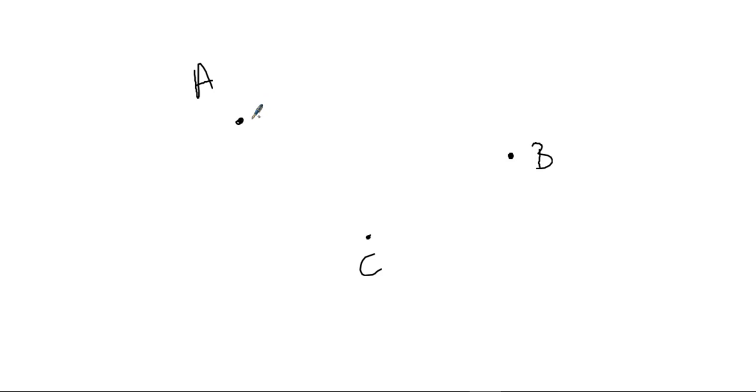Let's imagine between A and B the line will be like this, and between A and C, let's say the midpoint of A and C is here, and you draw the line.